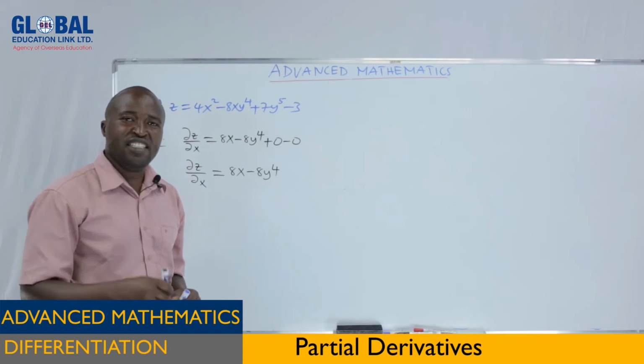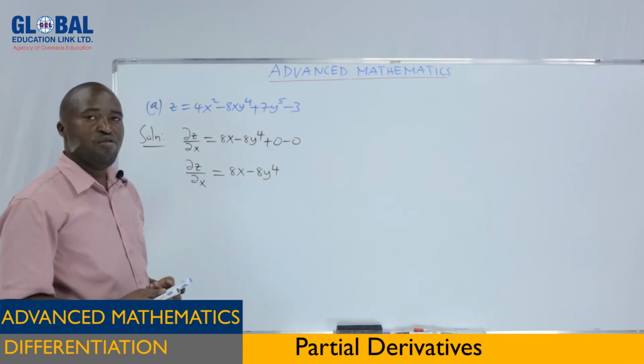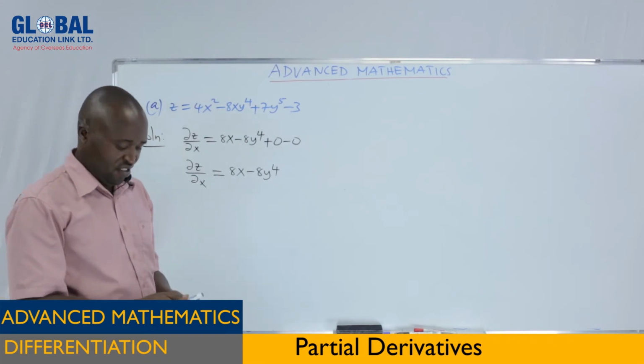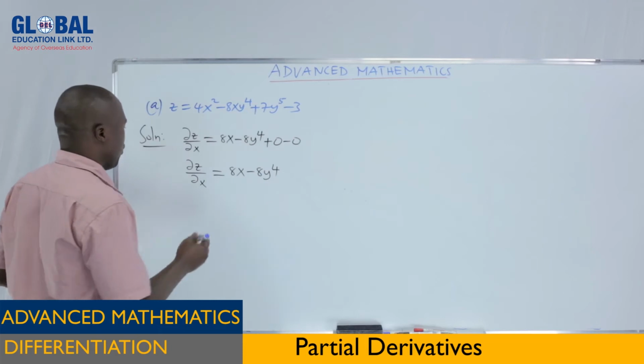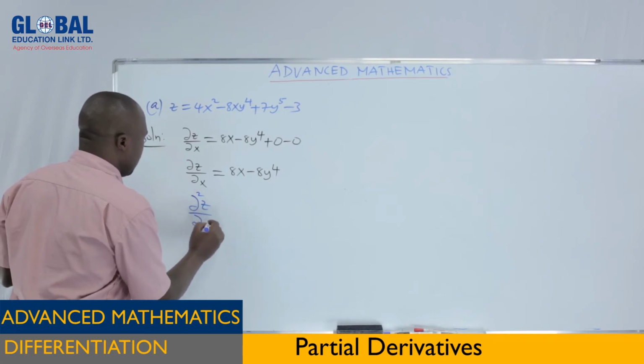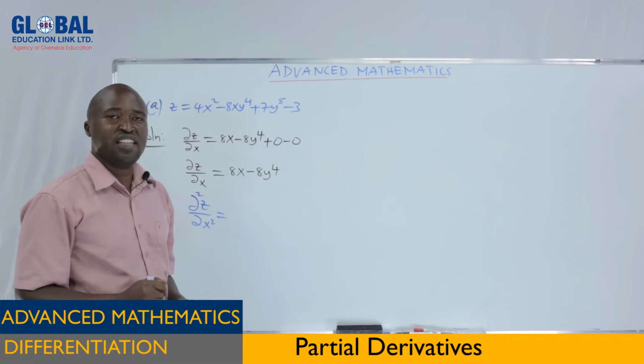So we can proceed with the second order partial derivative of z with respect to x. So again, y is constant.